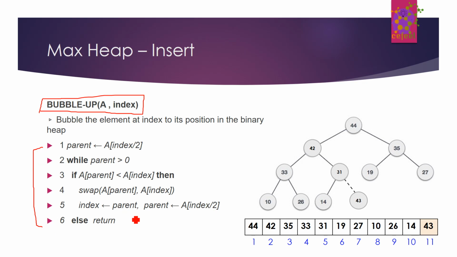If you want to go into detail with an example, please refer to the other video that I have, which will be referred here. So in short, when we insert the node 43, we swap up till the heap property is restored.